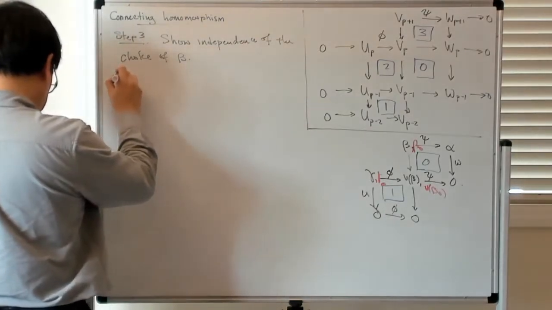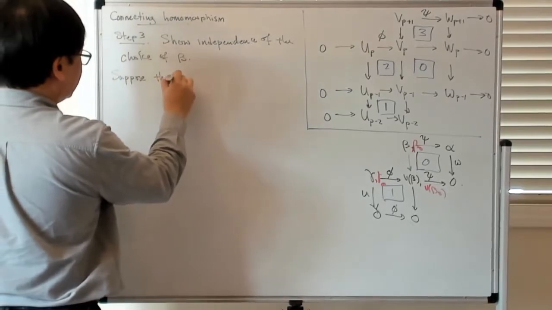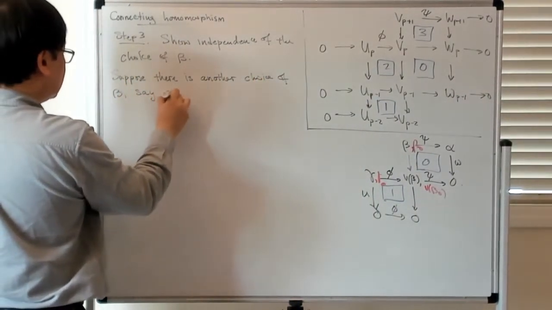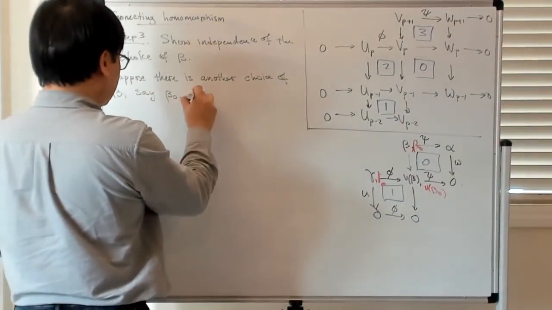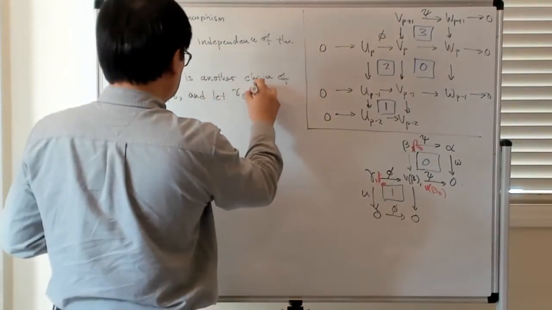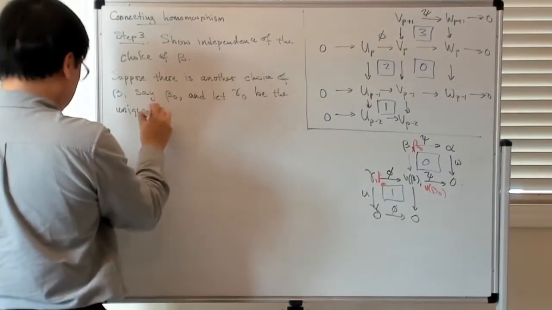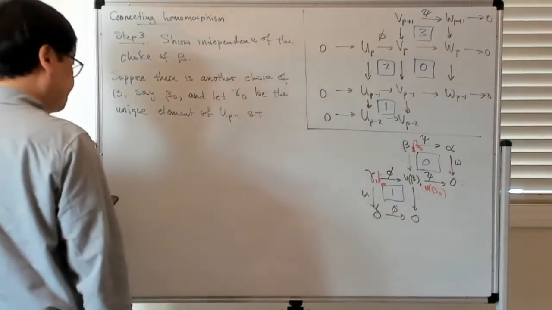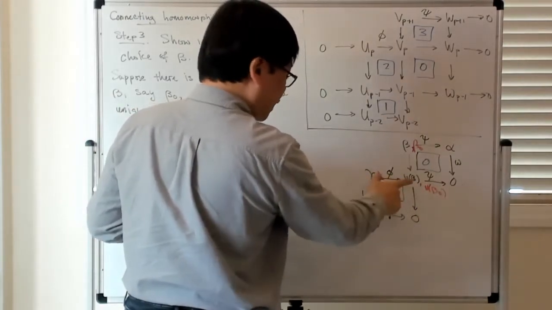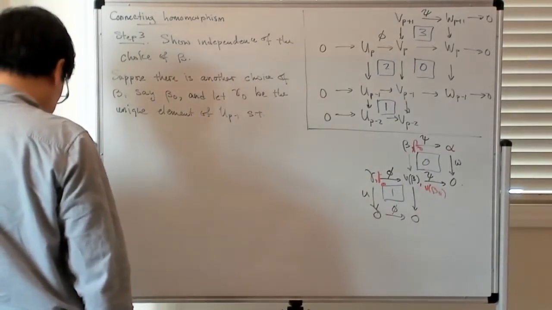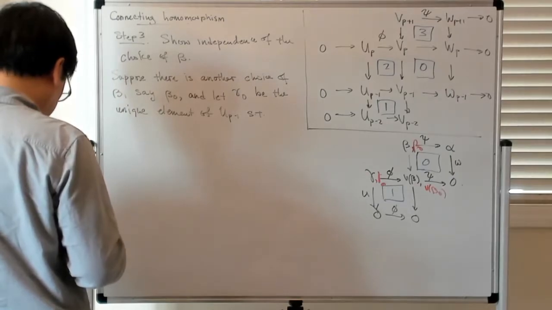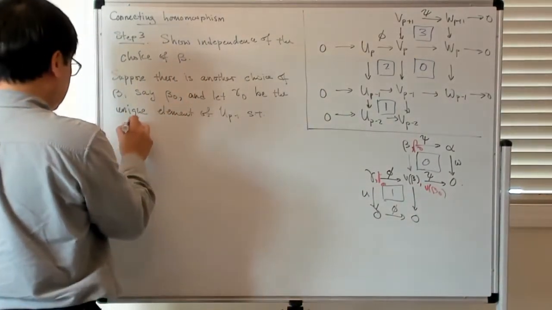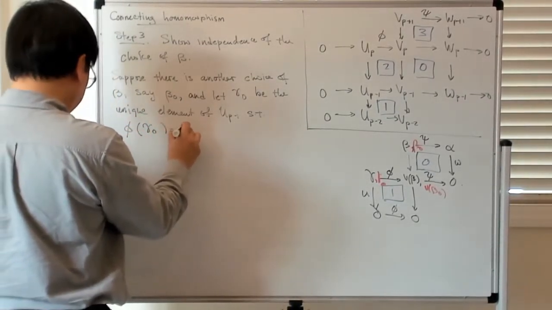So let's suppose there is another choice of beta, say beta 0, and let gamma 0 be the unique element of U_{p-1} such that phi of gamma 0 is equal to v of beta 0.